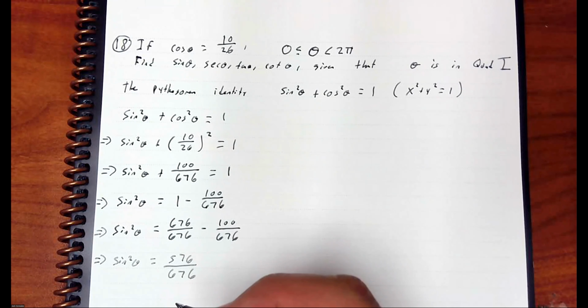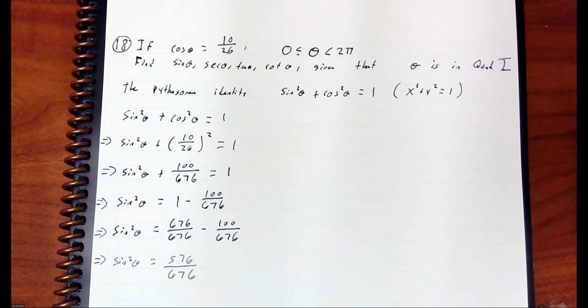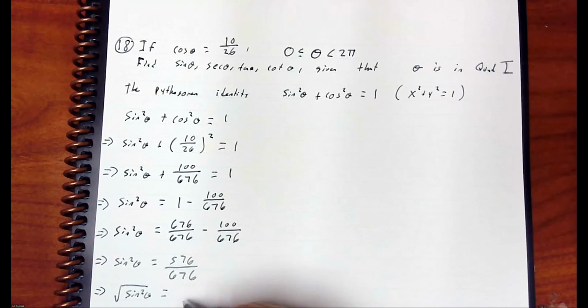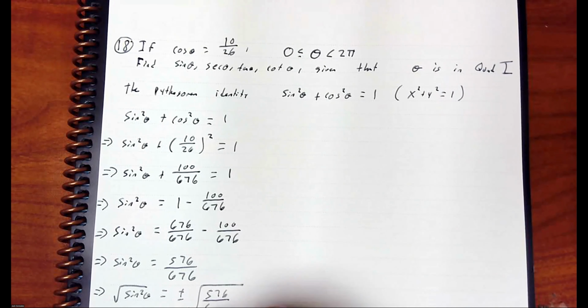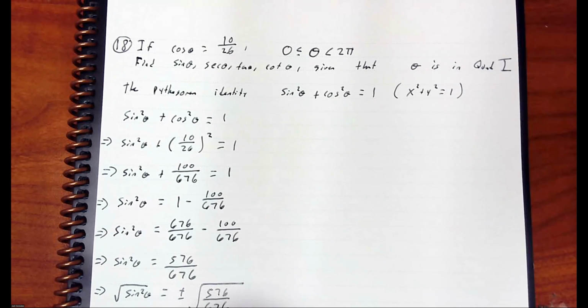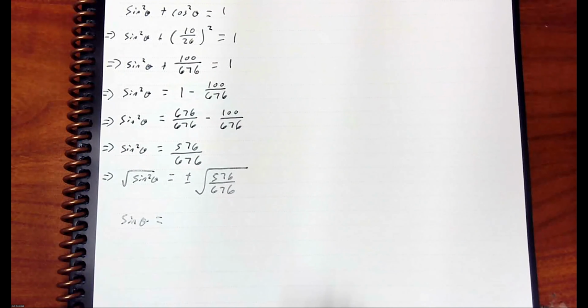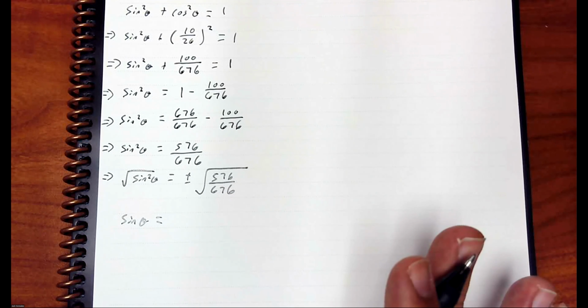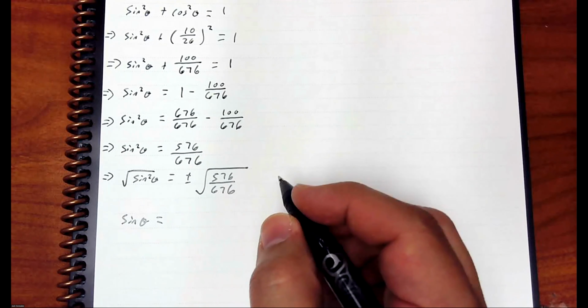Just about done. We have to square root both sides. I'm going to square root sine squared theta, but whenever you square root both sides, you have to tack on the plus or minus. So sine theta is equal to, and we are going to choose positive because of the quadrant. So that's when the quadrant becomes important. So I'm choosing plus because we are in quadrant 1.